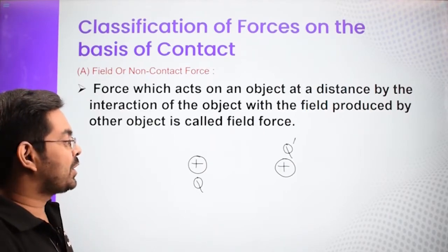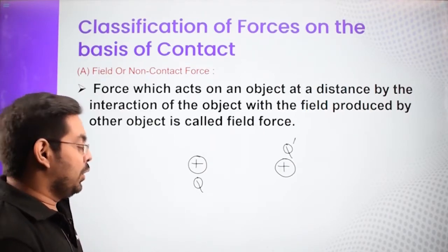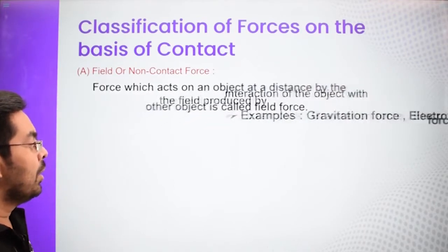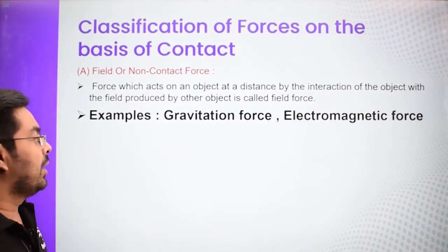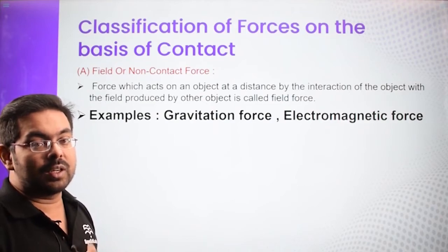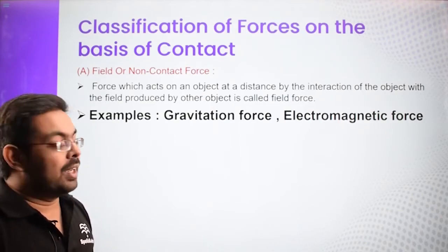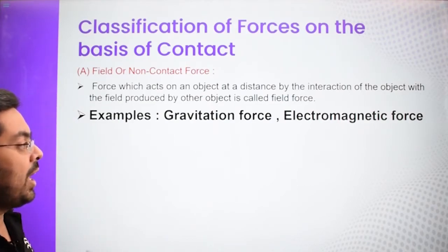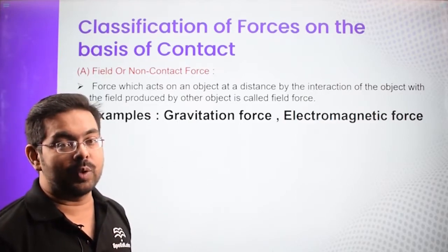Okay, so there is no actual contact between the particles, and those types of forces are called non-contact forces. So actually these types of forces you must have studied. कौन से हैं? Gravitational force, one of the non-contact forces is gravitational force, and the other is electromagnetic force.